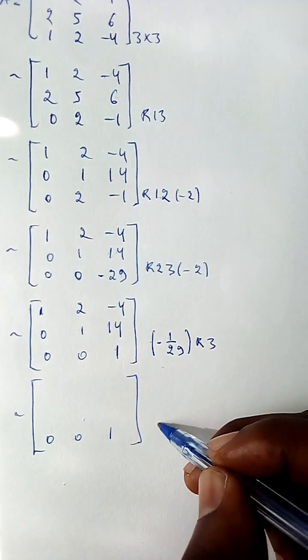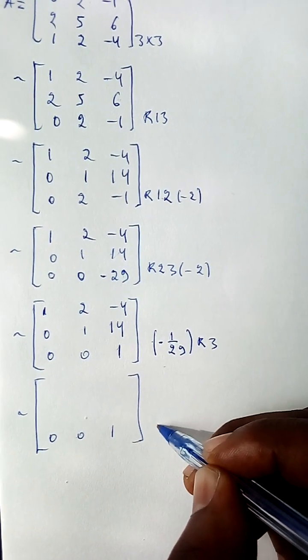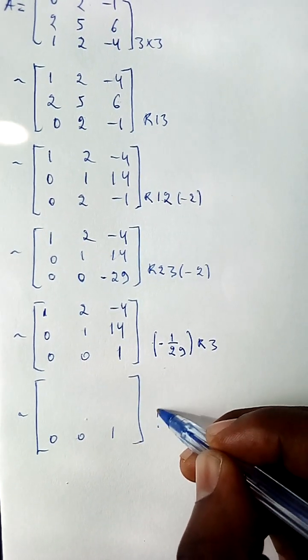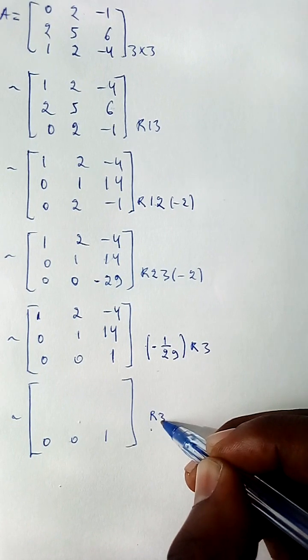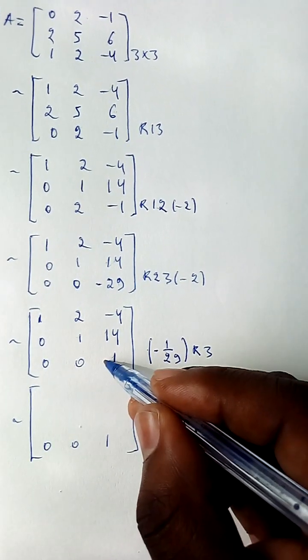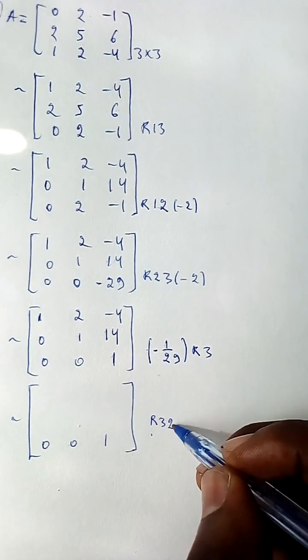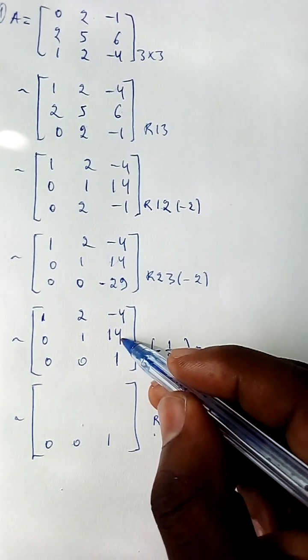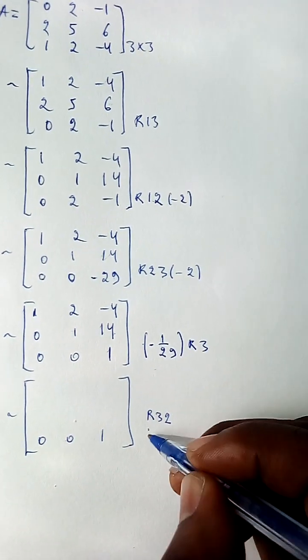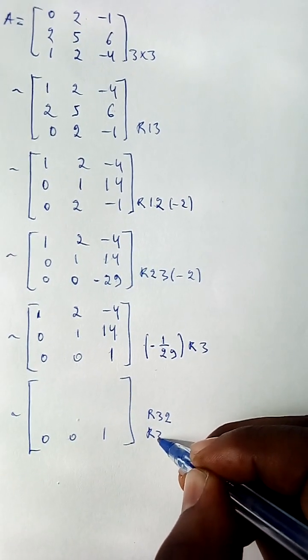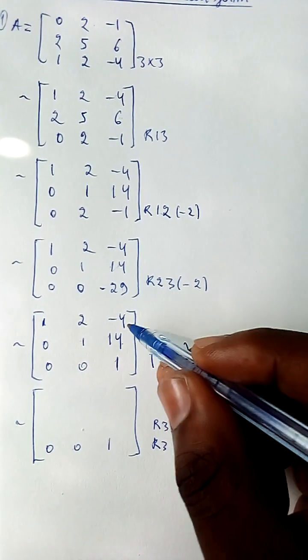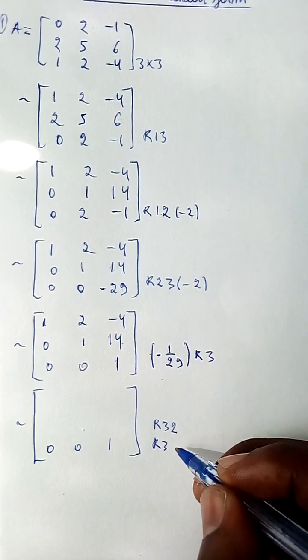So here it will be R3. R3 means the third row. R2 means the second row, and it will be R3. We are using R3 to make 0 in the first row.